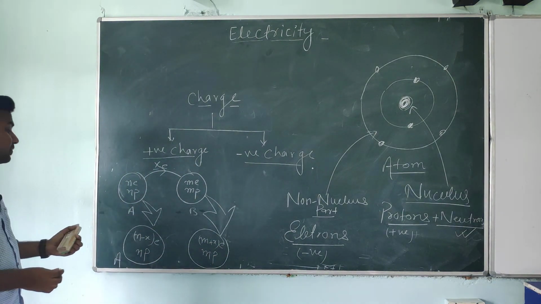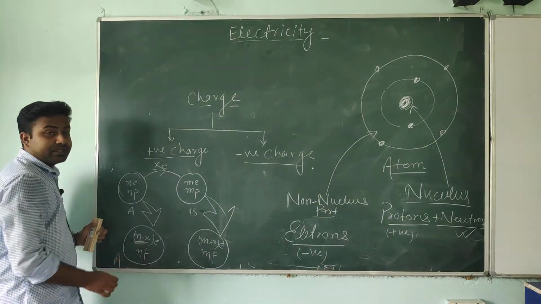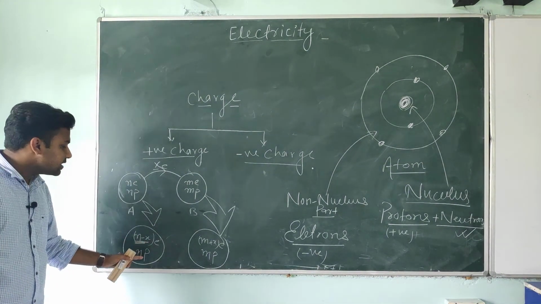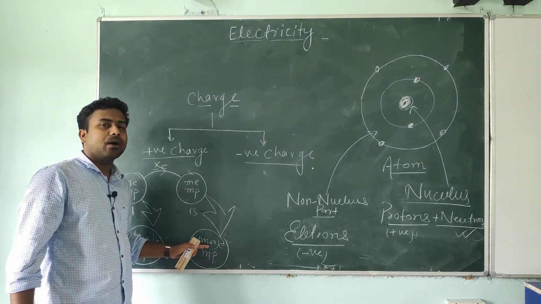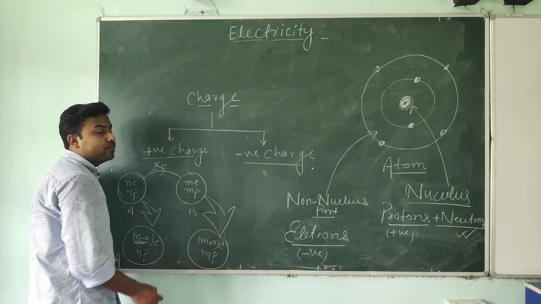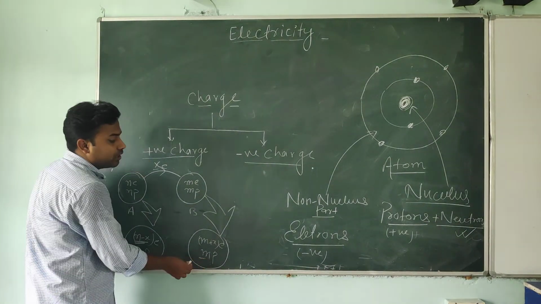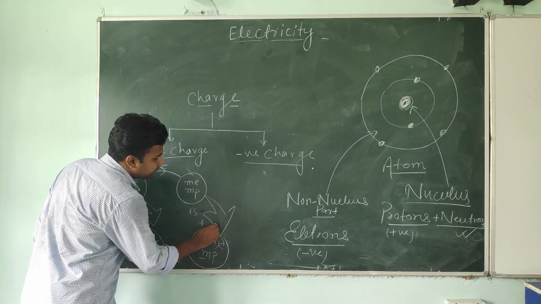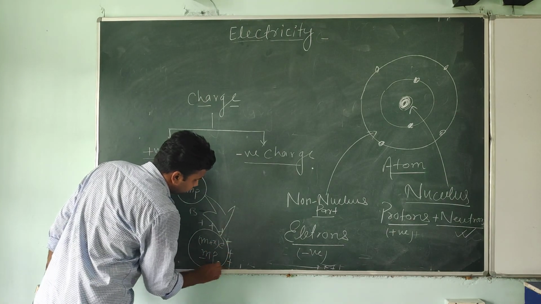Now try to understand: here we have n minus x, which means the number of electrons is less as compared to protons, and here the number of electrons is more as compared to protons. It means this particle has more positively charged protons as compared to electrons, so it will be positively charged.